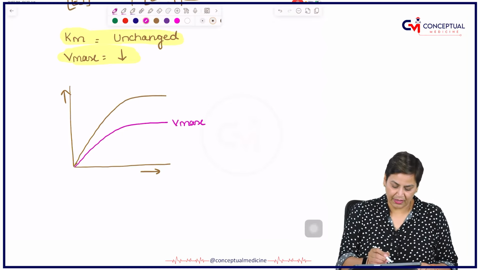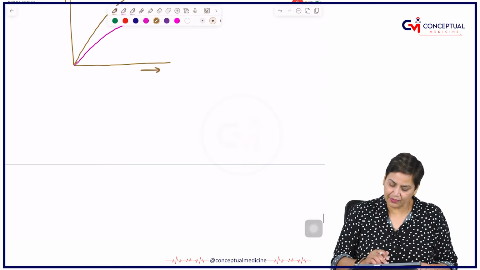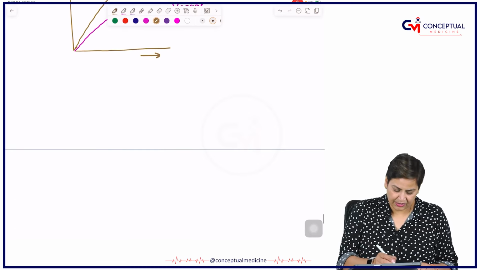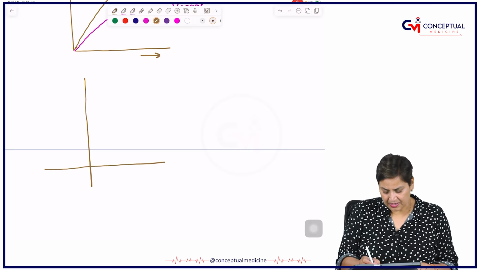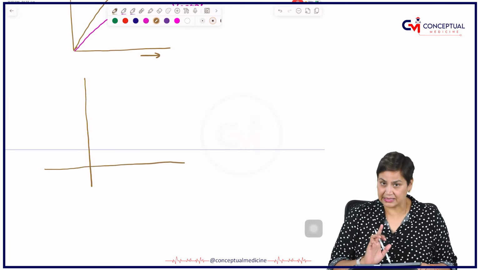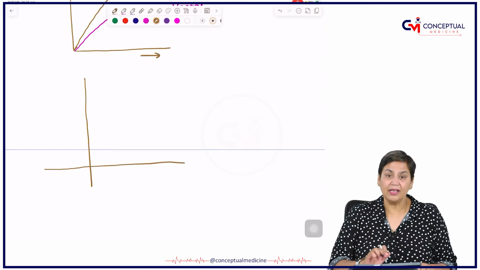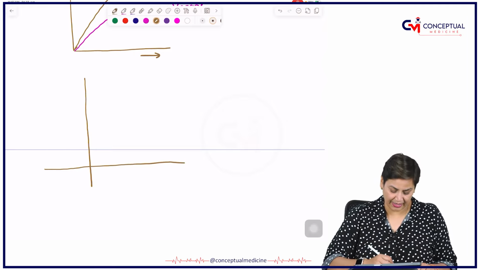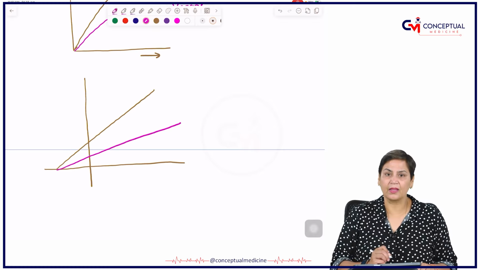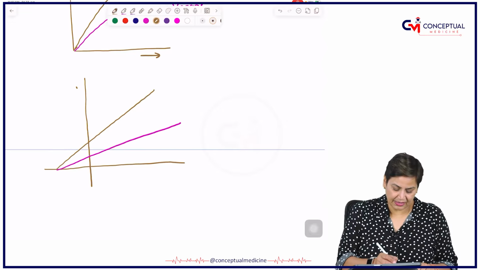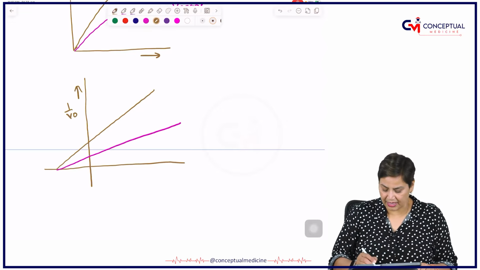And if we plot the Lineweaver-Burk plot, I can plot it here. Since Km is the same as I have mentioned, but Vmax will decrease, it will be like this. Again the same parameters, this will be 1 upon V0 and this will be 1 upon the substrate concentration.